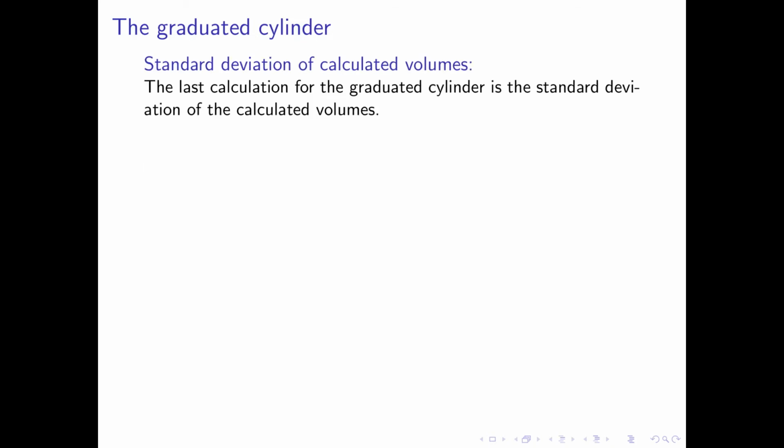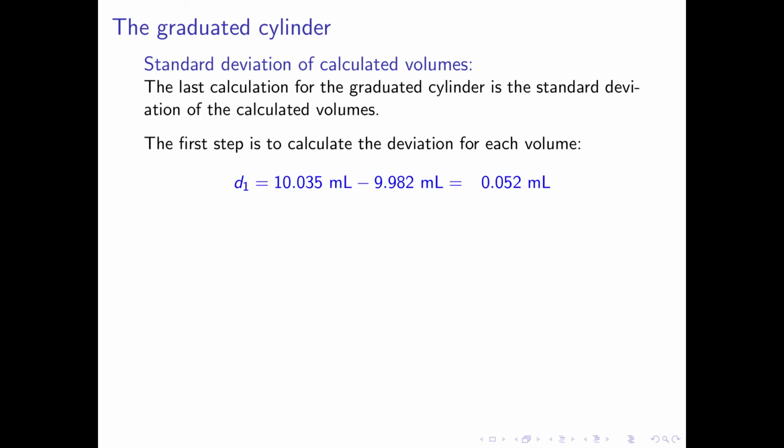We can now determine the standard deviation for the volumes delivered by the graduated cylinder. As before, the first step is to calculate the deviation for each of the measurements. The first deviation is calculated as 10.035 milliliters minus the average value of 9.982 milliliters, which gives a deviation of 0.052 milliliters.